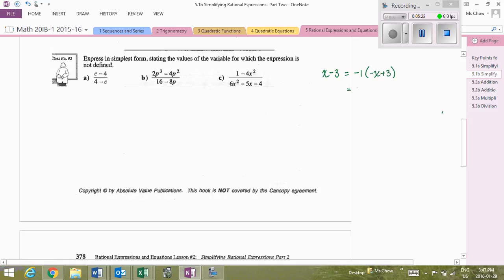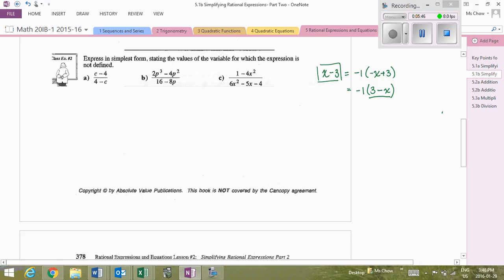Then if I rearrange it, it's -1 so that my leading number is positive, so then it's 3 minus x. You can see from x minus 3 to 3 minus x, they are exactly opposite: where the x is positive here, the x is negative there, and the 3 is negative here, the 3 is positive there.